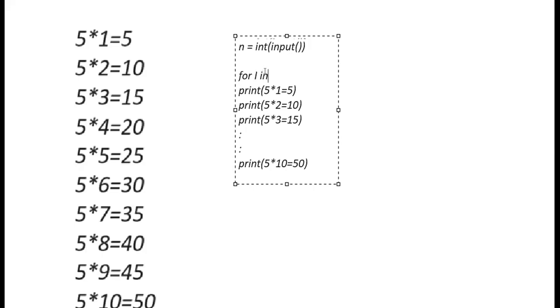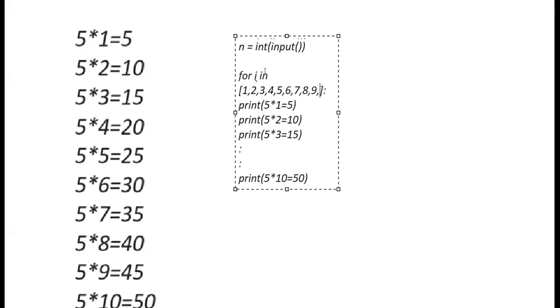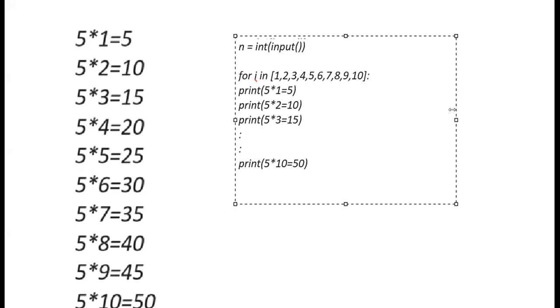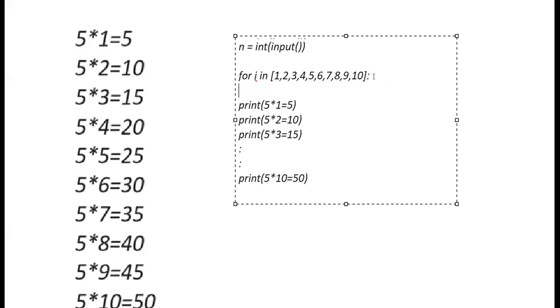So for i in, the for loop will iterate over a given range of sequence. Let me provide 1, 2, 3, 4, 5, 6, 7, 8, 9, 10. If I provide my data like this, then the for loop will iterate 10 times.